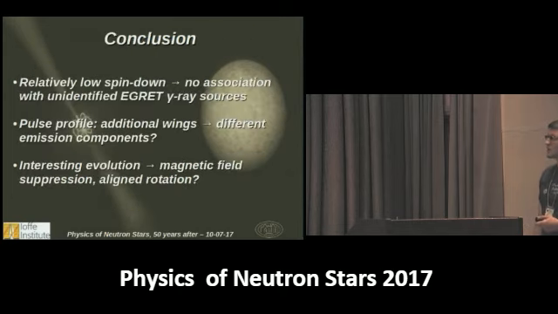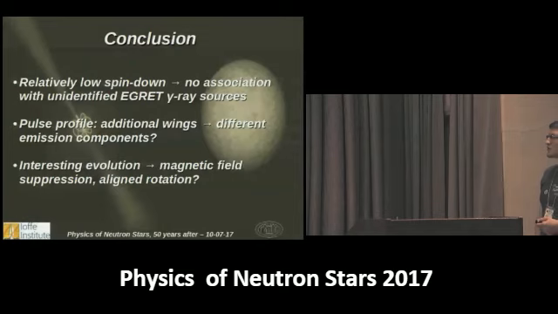To sum up, this is an overview of the 13-year campaign of radio observation and timing of this particular binary. We saw that the spin energy is not high enough to produce gamma ray emission. That's why the pulsar was found unexpectedly.